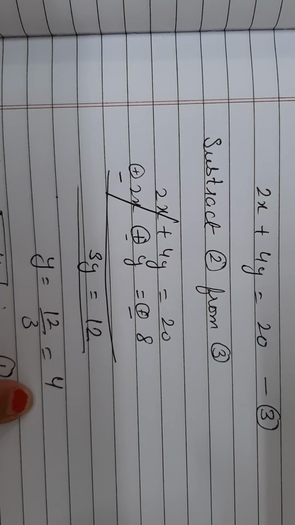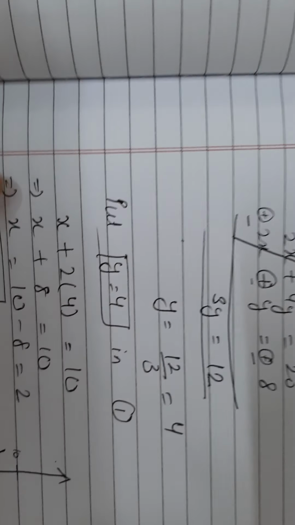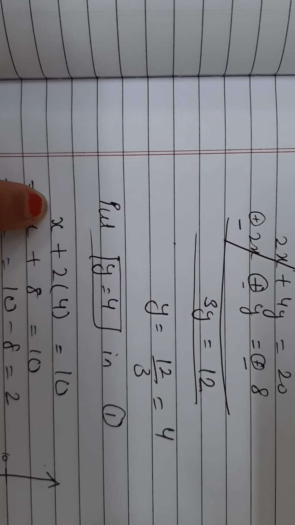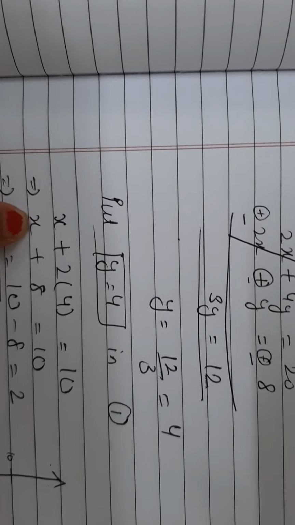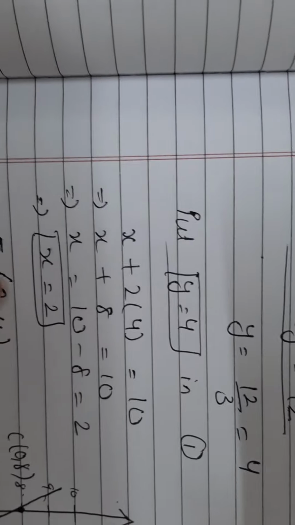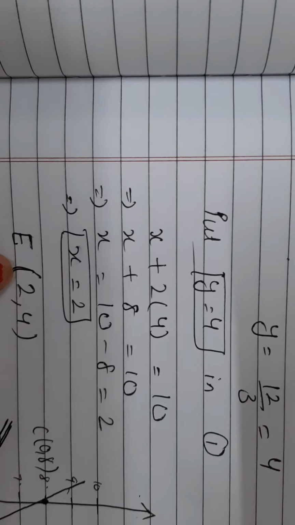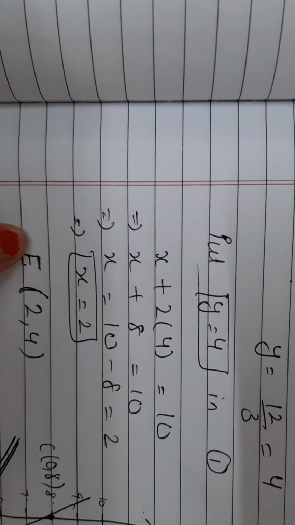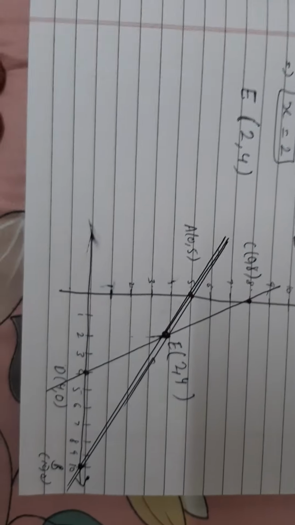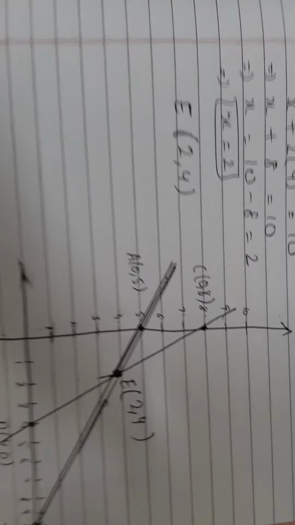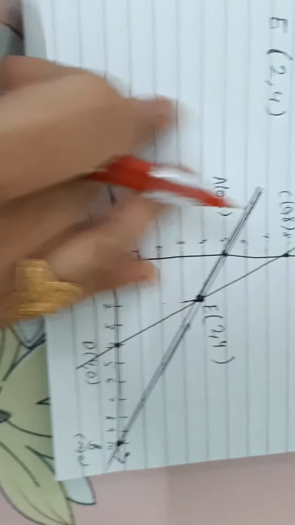Now you can put y equals 4 in 1. When I put it in the first equation, I got x equals 2. So my intersection point is (2, 4), and I have given it the name E. Now you can see on the graph, your very first line, that is line AB.